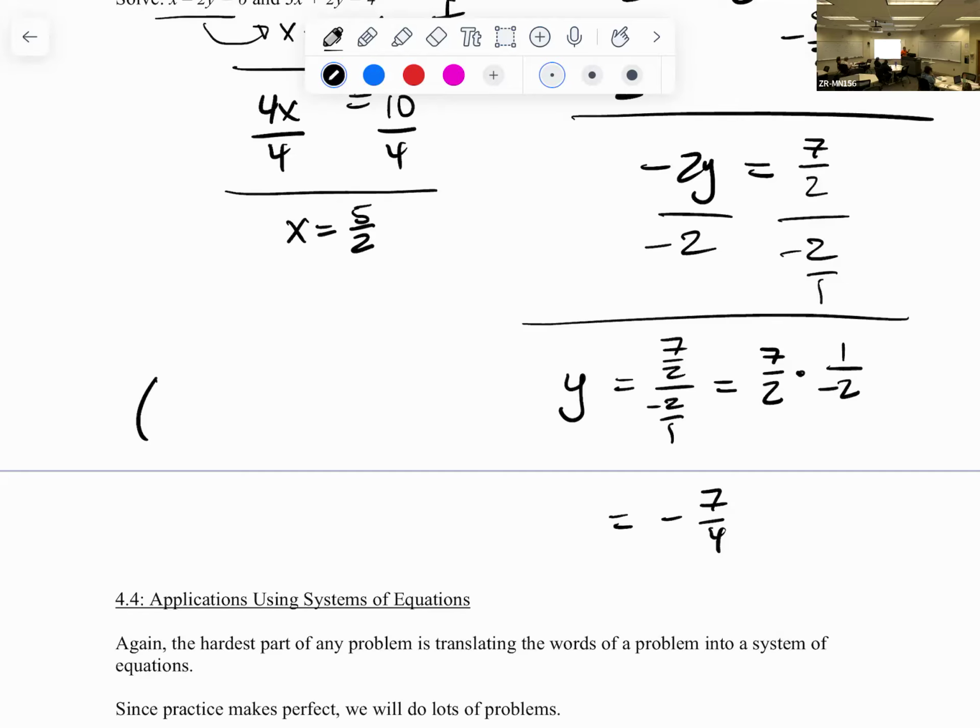The negative can go wherever you want. This is why in the slope, where do we always put the negative? In the top. I just left it in the bottom. Isn't it the number of negatives that matters, not where it's at? The number of negatives, you're absolutely correct, not where it's at.